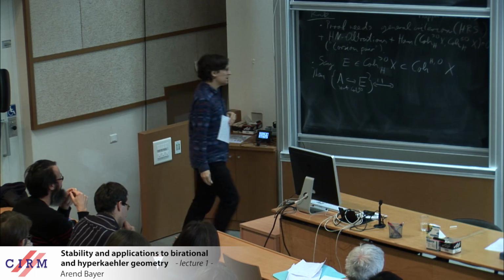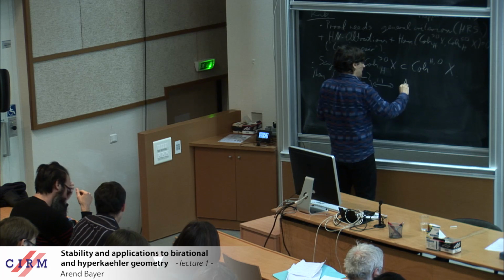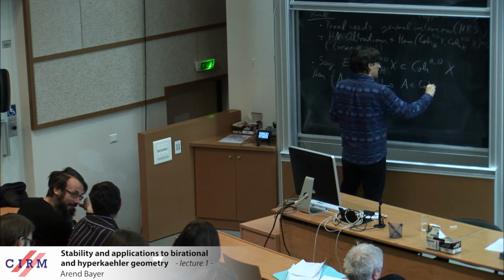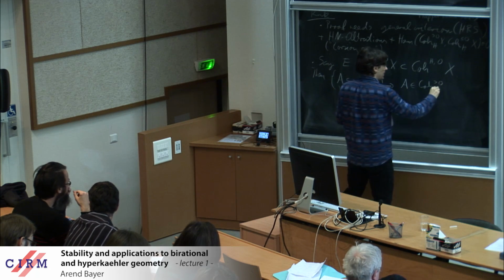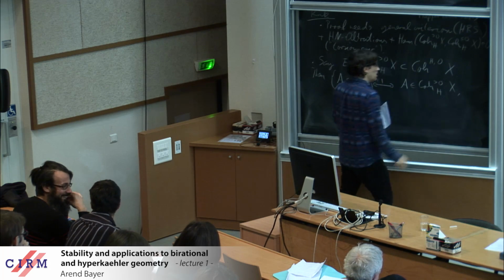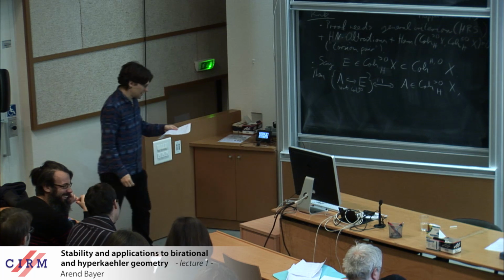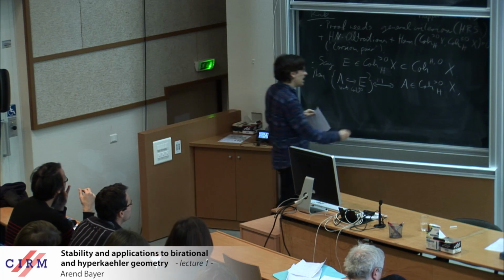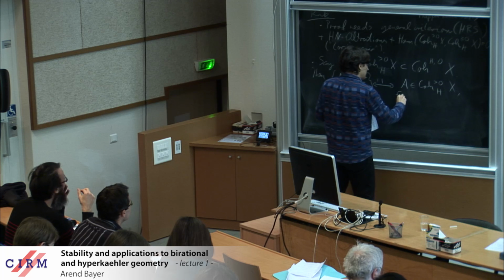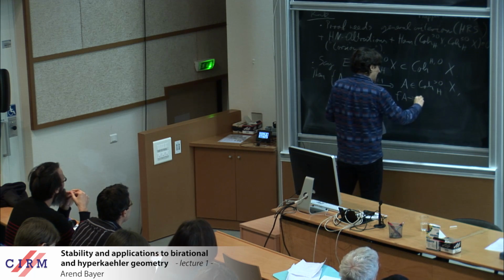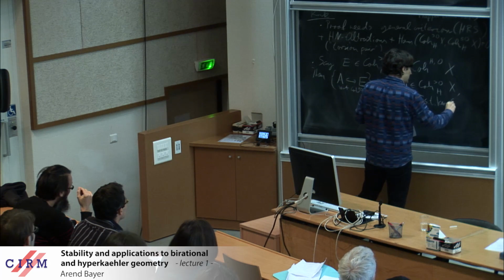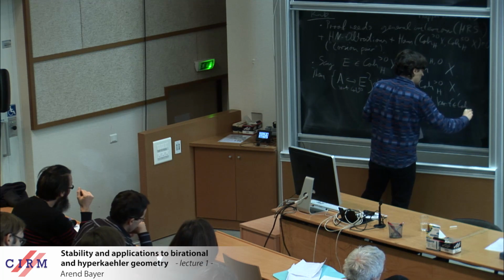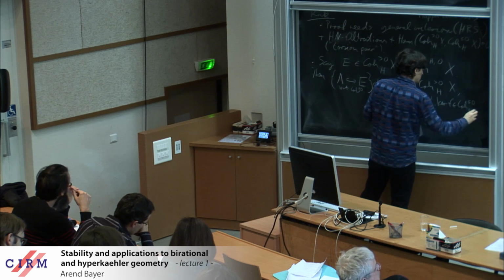The first statement is that this A has to be in the subcategory; the sub-object is automatically also in the subcategory. This just follows by looking at the long exact sequence in cohomology. And what is the morphism? This is any morphism f such that the kernel of f is in Coh^{≤0}(X).